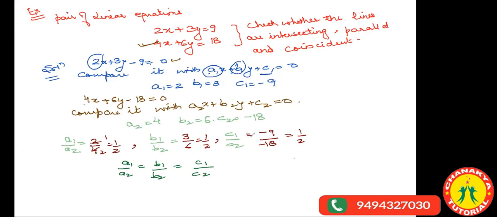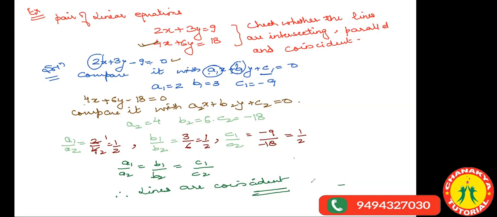So you will write, therefore, lines are coincident. And they are consistent, right? Yes, beta, they are consistent.